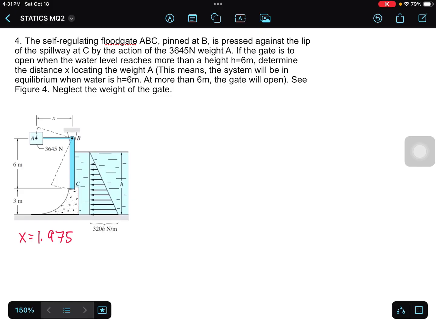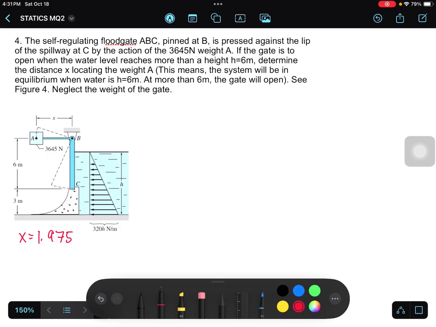The self-regulating floodgate ABC pinned at P, and this is point B. So, pin connection dun, vertical and horizontal reactions. So, pinned at B and is pressed against the lip of the spillway at C.